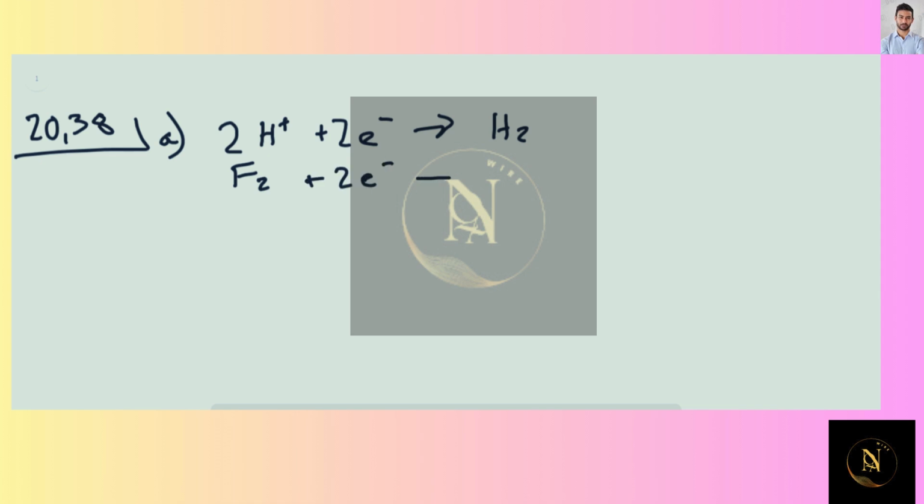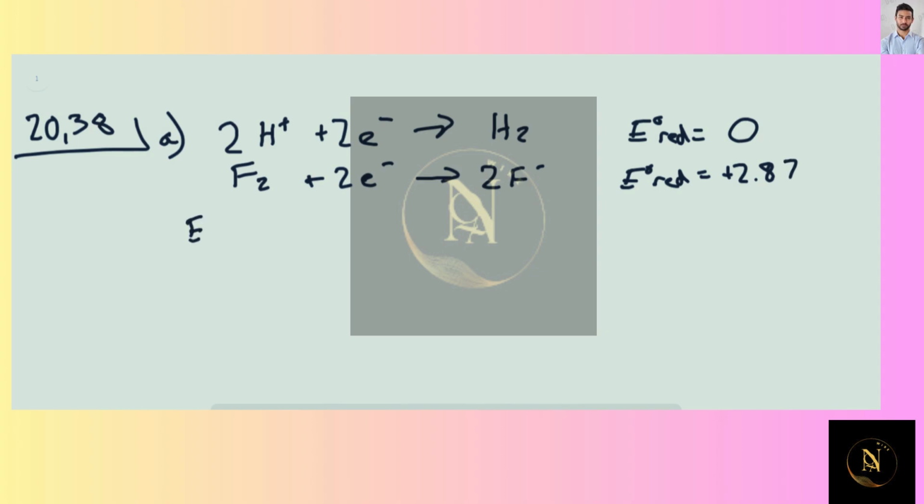This one is in the correct format. So we look in the appendix for the reduction values for these. And the hydrogen we know is 0 because that's what we set to be 0.